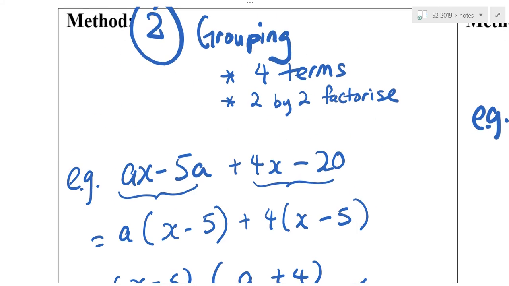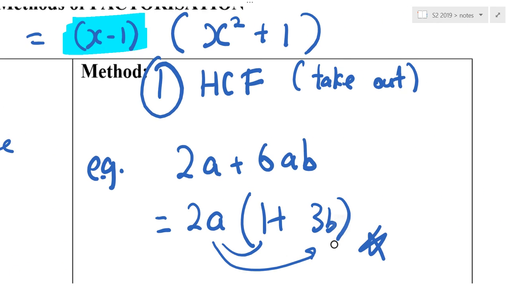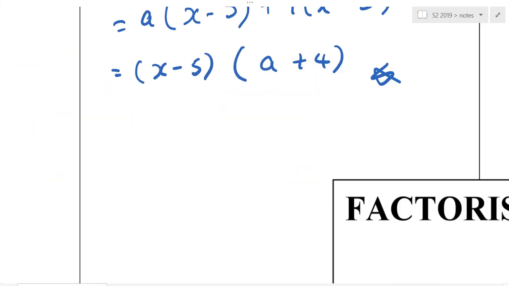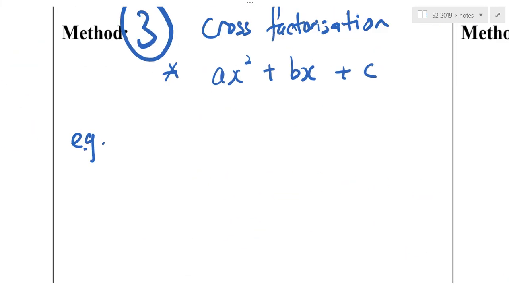No lah, you will just do grouping. When you see this one, 2a plus 6ab, will you do cross factorization? No lah, because there's no square. But when you see something with a square and then an x and then a number, you will do cross factorization.